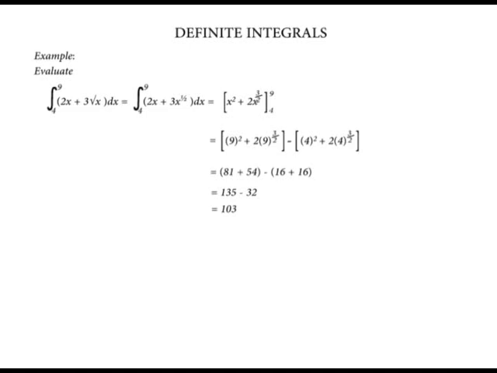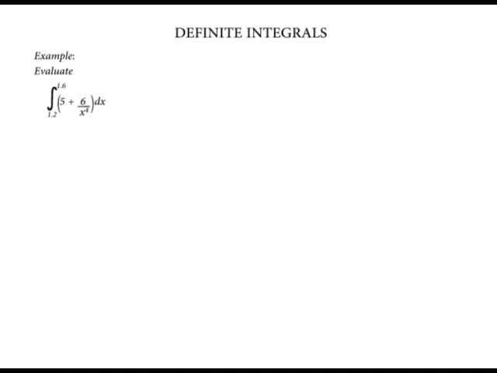Last example, evaluate the integral of 5 plus 6 over x to power 4 with respect to x from x is equal to 1.2 to x is equal to 1.6. It looks complex, but a small flashback will keep us going. If you recall, in reciprocals, 1 over x raised to power 4 is the same as x raised to power negative 4.